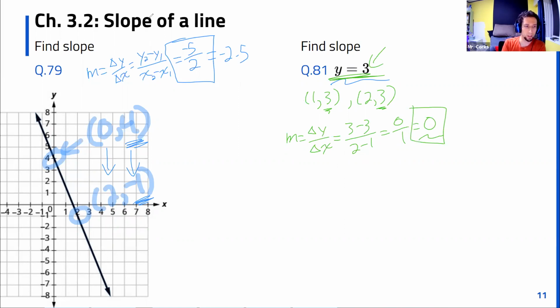If we were to draw this on our graph, this is y equals 3. That would be this line here. That's a flat line. So again, another way of thinking about slope is when x goes up or down, let's say by 1, how much does y change by? Well, in this case, y doesn't change. It never goes up, it never goes down. So it doesn't matter how much you move x by. So just 0. So that's the slope for a horizontal line.